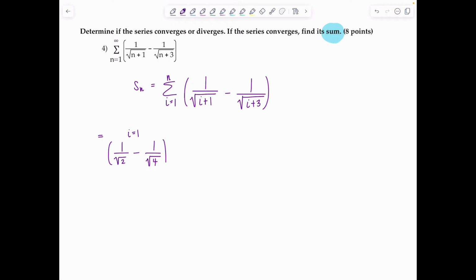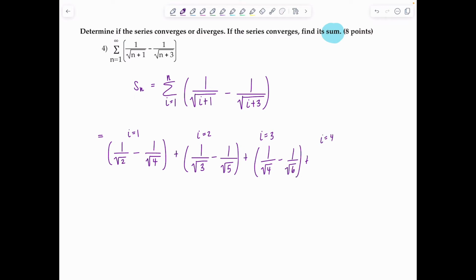Do less. Plus, now let's move on to the next term. i equals 2: 1 over rad 2 plus 1, which is 3, minus 1 over rad 5.